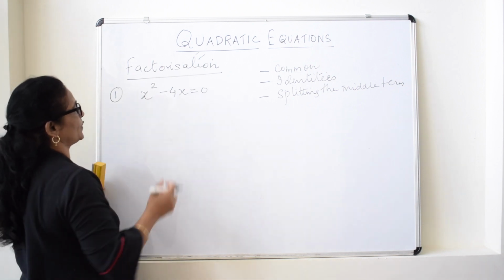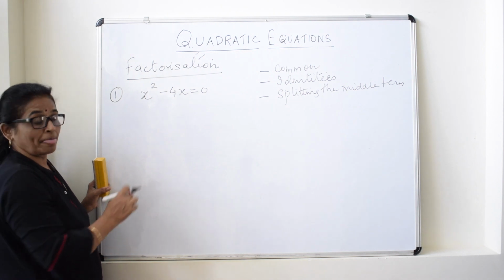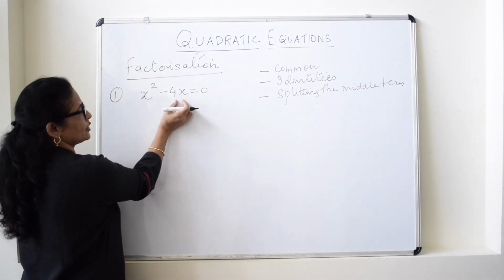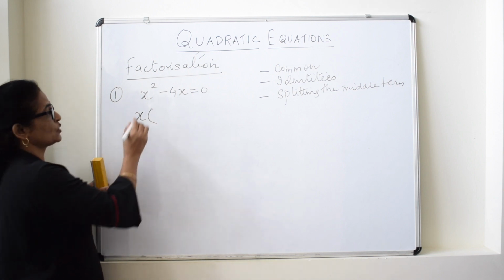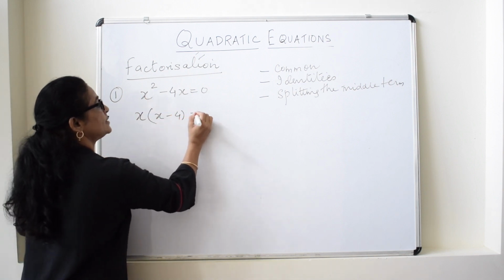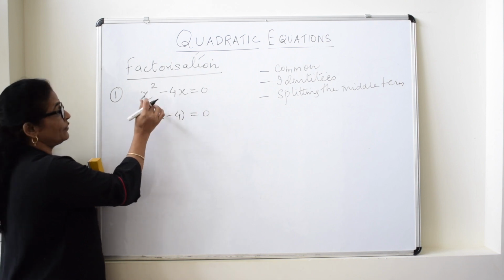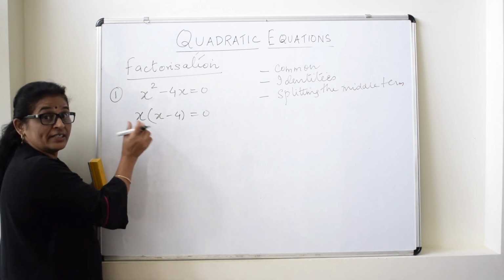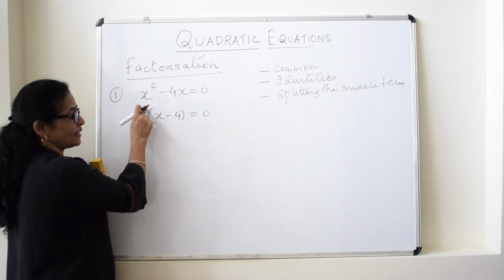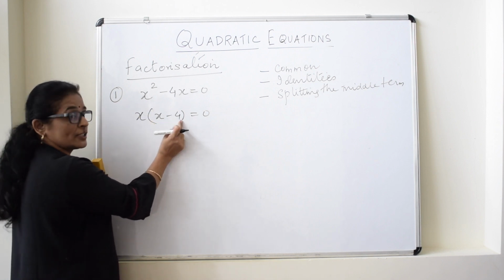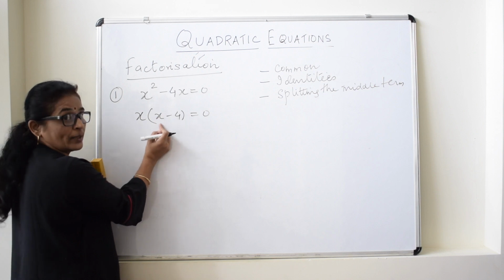The very first, x square minus 4x is equal to 0. We can easily see that these two terms have one common factor, that is x. So what is left out is x minus 4. What have we done? We have written it in the form of its linear factors. Linear means to the power 1. x has a power 1, and in x minus 4 also the power of x is 1.